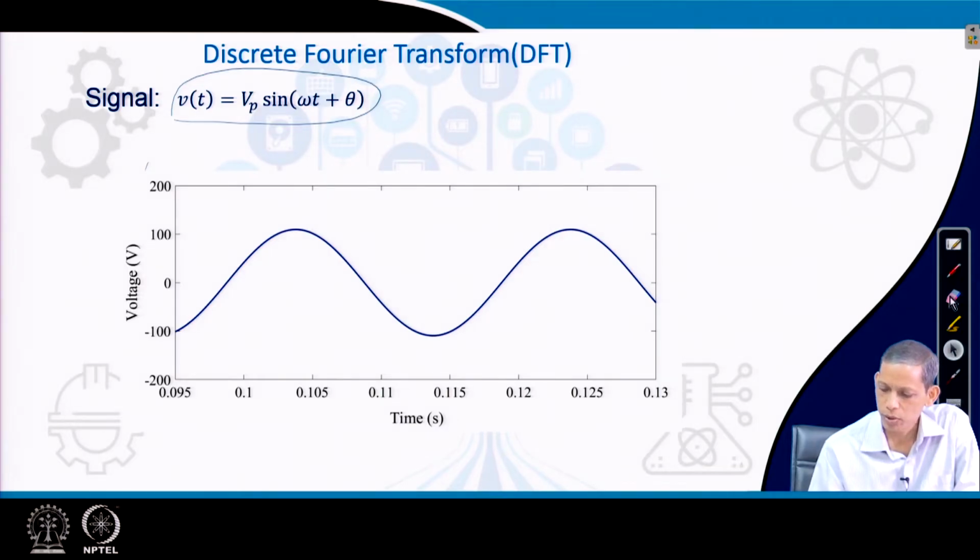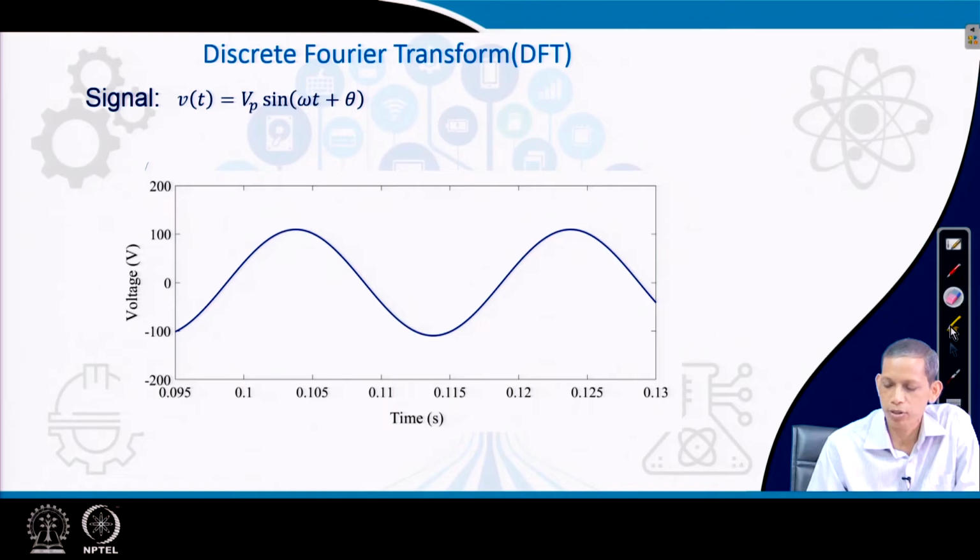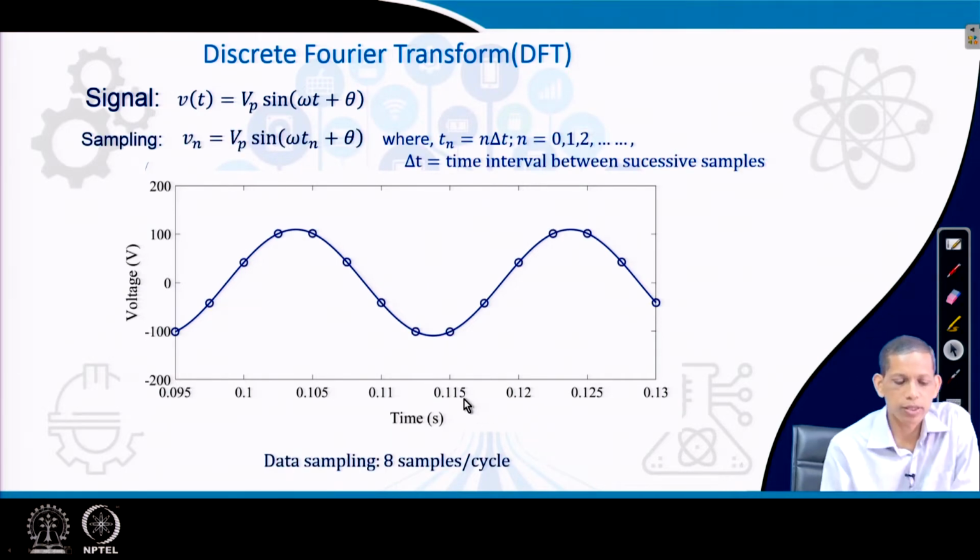Here, this signal has to go through a data acquisition system, accomplished through the A to D conversion process, and those samples will be used for the subsequent phasor estimation technique. So, let us sample the signal like this.